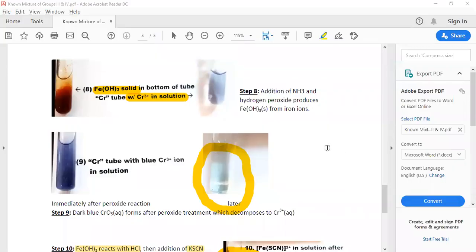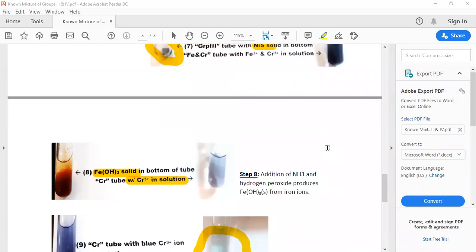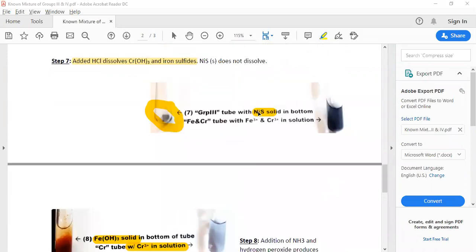Okay, let me show you what these things look like. Again, let's look at that handout with your different steps. So at this point, remember, we had separated the nickel sulfide solid from the supernatant that had the iron 3 and chromium 3 ions.